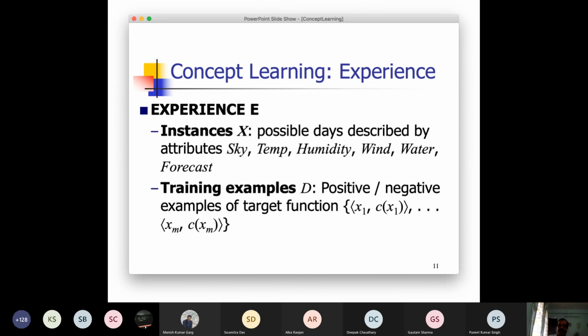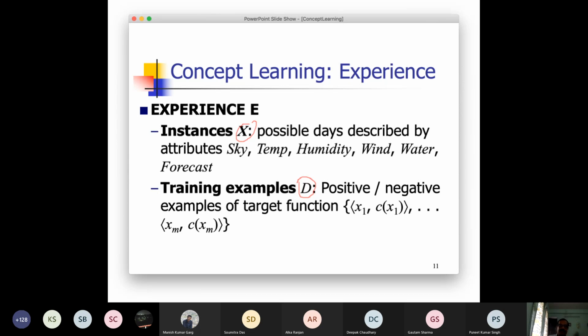Training examples can also be represented a bit more formally in this form. Just note this: X is a set of instances. That's the input space, any element of the input space, or the input space itself.